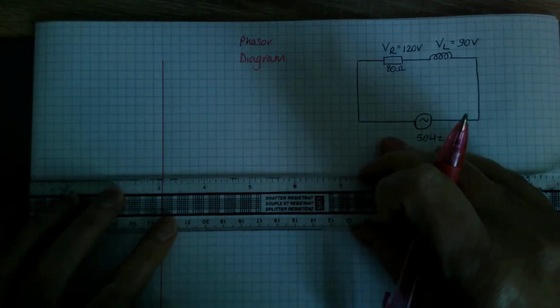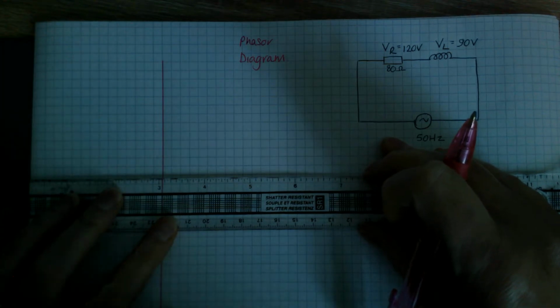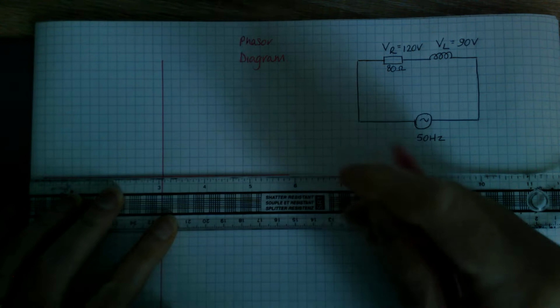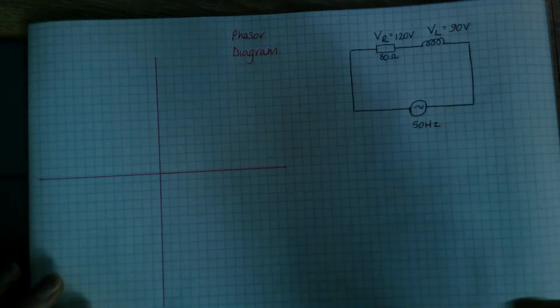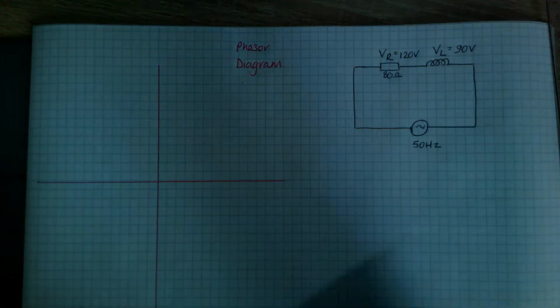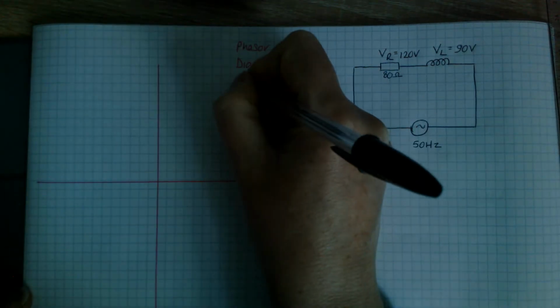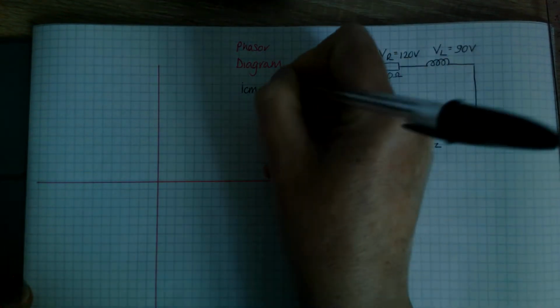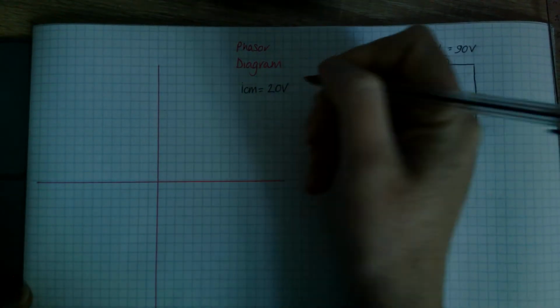First thing, you've always got to look at these voltages and think to yourself, what scale would I use? So looking at these, I think my scale for my voltage, I'll say 1 centimetre would be equal to 20 volts.